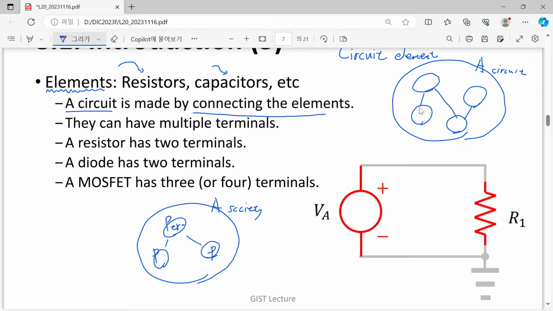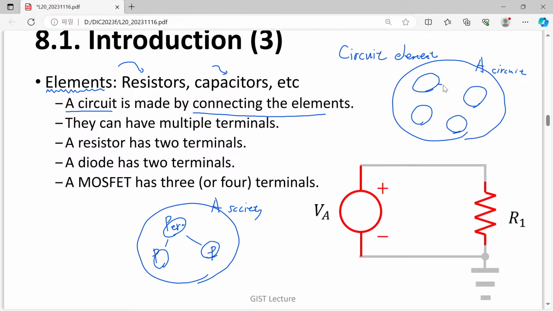However, depending on their way of connection, this circuit can be quite different from the previous one. So we must understand there are two components. One is elements, the basic ingredients, and the other is the connection between them.